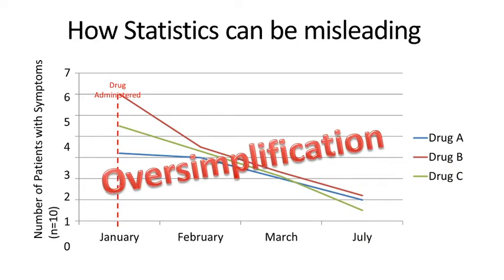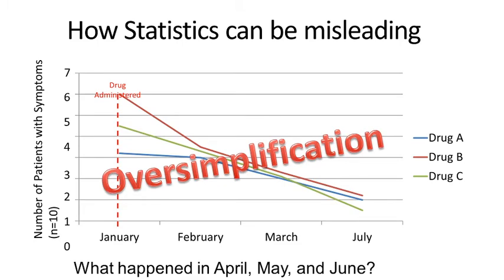So what happened to April and May? They left out some data. Maybe something really interesting happened in April and May. We don't know because they left it out. They oversimplified the data. Oh yeah, I forgot about June. So April, May, and June.